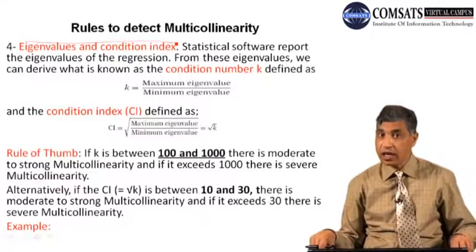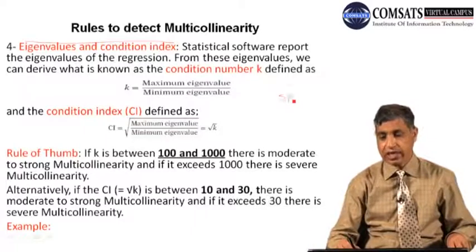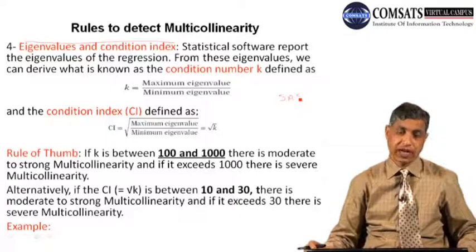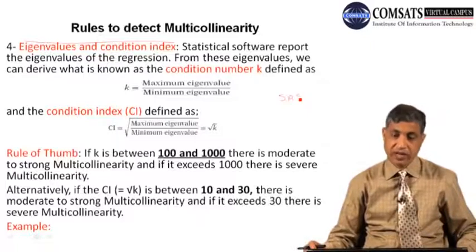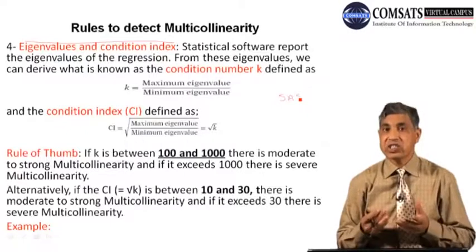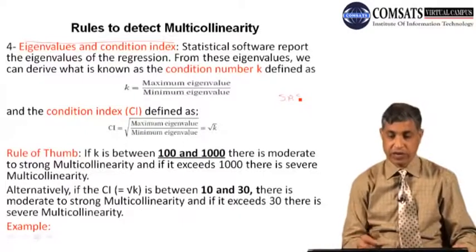I think these are not reported by eViews, but software like SAS reports the values of the eigenvalues. So if we have the eigenvalues, we can make some formula and test whether there is multicollinearity or no multicollinearity.